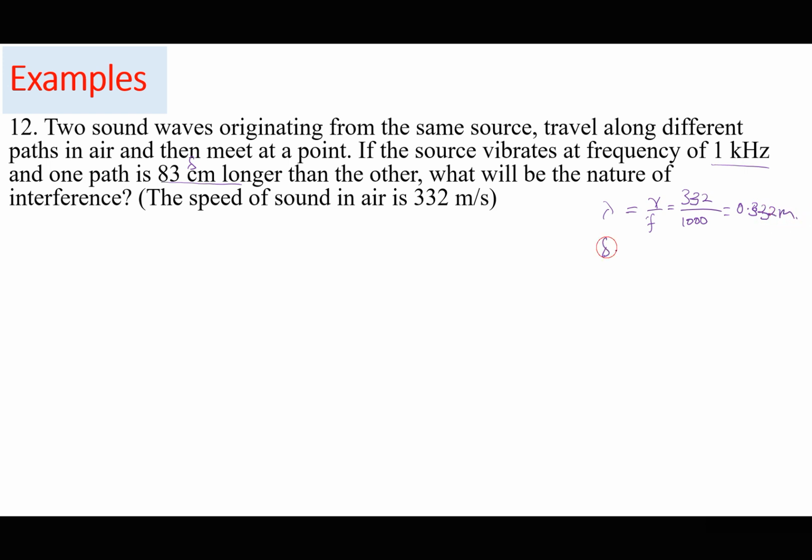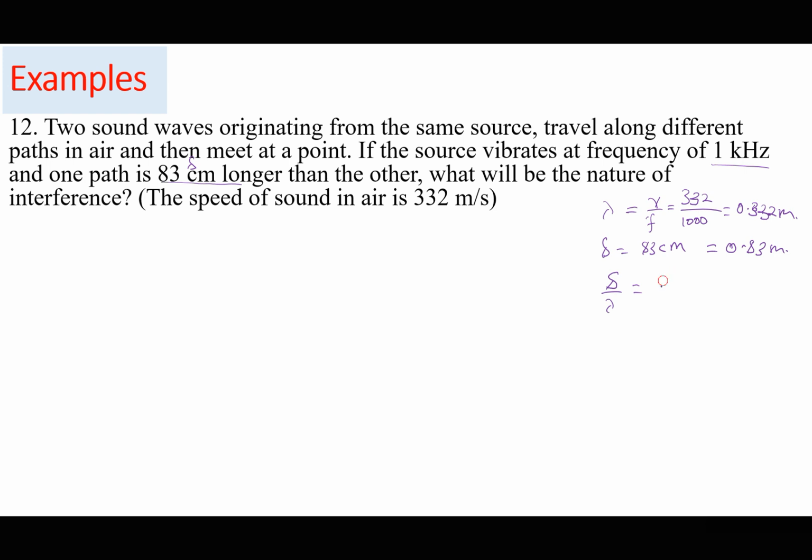Then the path difference, remember, was 83 centimeters. The path difference in meters is going to be 0.83 meters. So to check whether it is constructive or destructive, we shall always divide the path difference by wavelength to see the ratio. If the ratio is a whole number, then it is constructive. If the ratio is 0.5, then it is destructive.